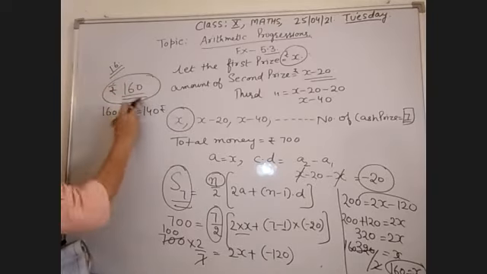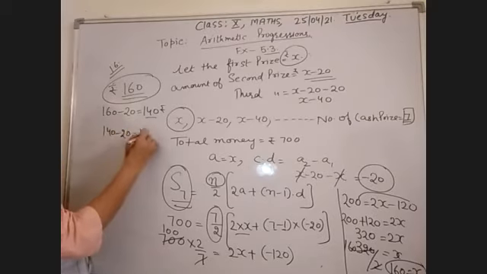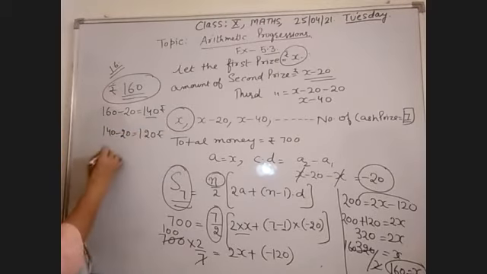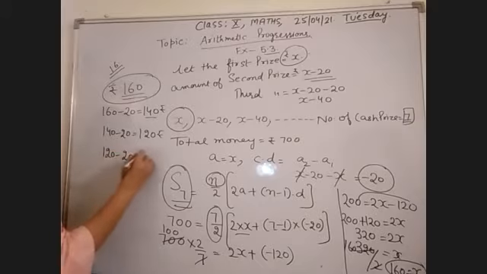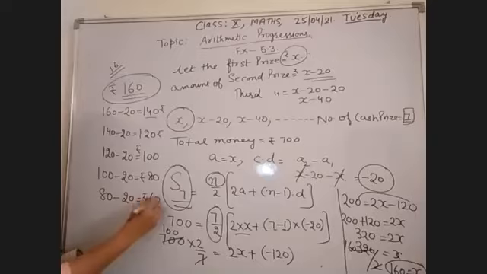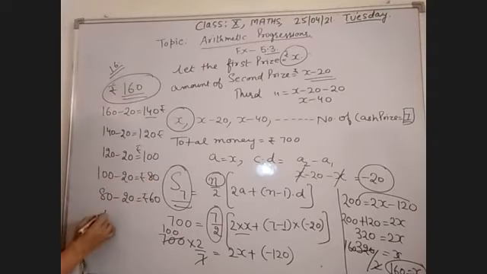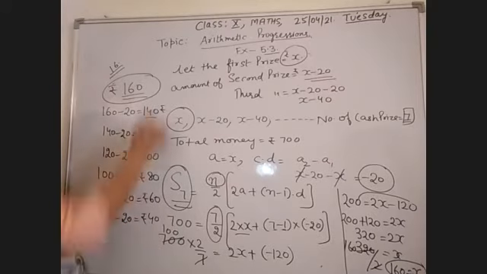The third one is 140 minus 20, 120, and the fourth one is 120 minus 20, that is 100 rupees, and the next one is 100 minus 20, that is rupees 80, and then 80 minus 20, that is rupees 60, and 1 2 3 4 5 6, and the lowest prize, that is ₹40.